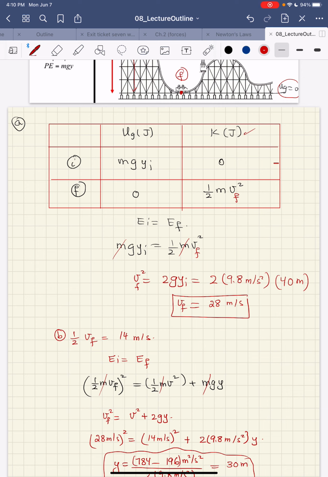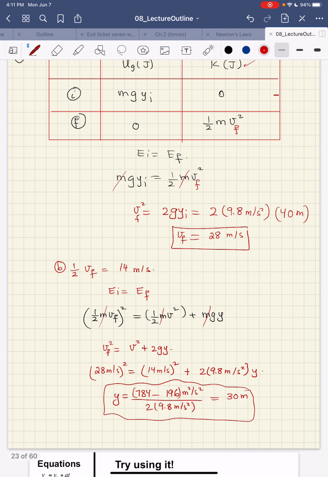Sometimes when we have non-conservative forces, you might have terms that don't have that mass, or if I have a spring in my problem, that mass will not cancel. So don't make it a habit, and if you find a question without a mass, don't panic. It is just because the mass will drop. Then finally I will be able to calculate my v final squared, and then I will get my v final.